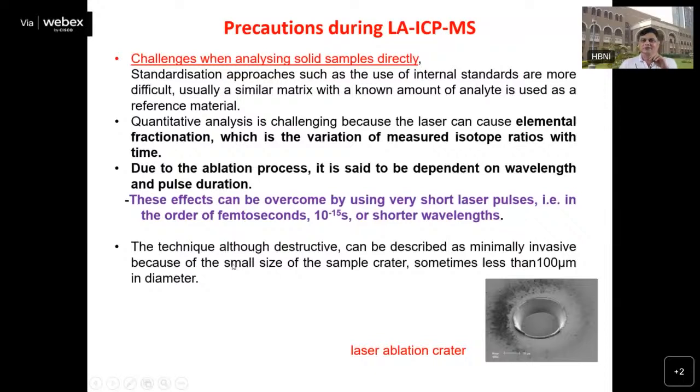The technique definitely looks destructive, but can be described as minimally invasive because of the small size. The crater formed by the laser on the solid sample is a few microns, or maybe a maximum of 100 microns.